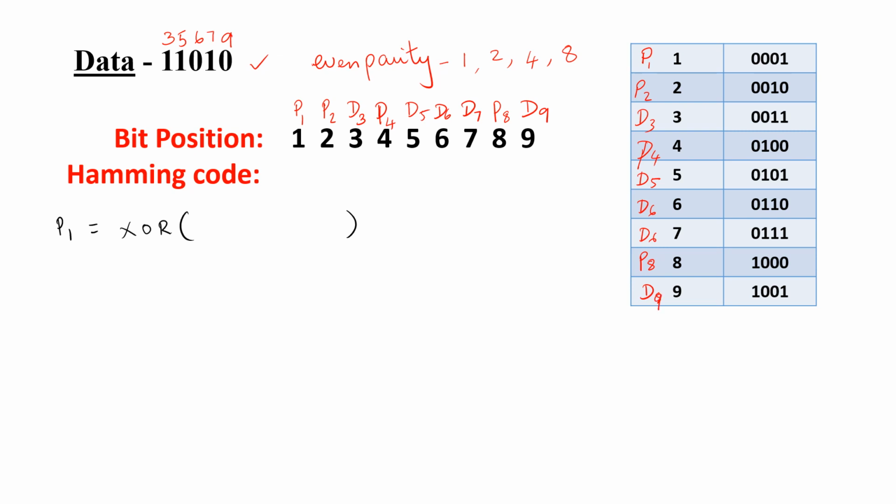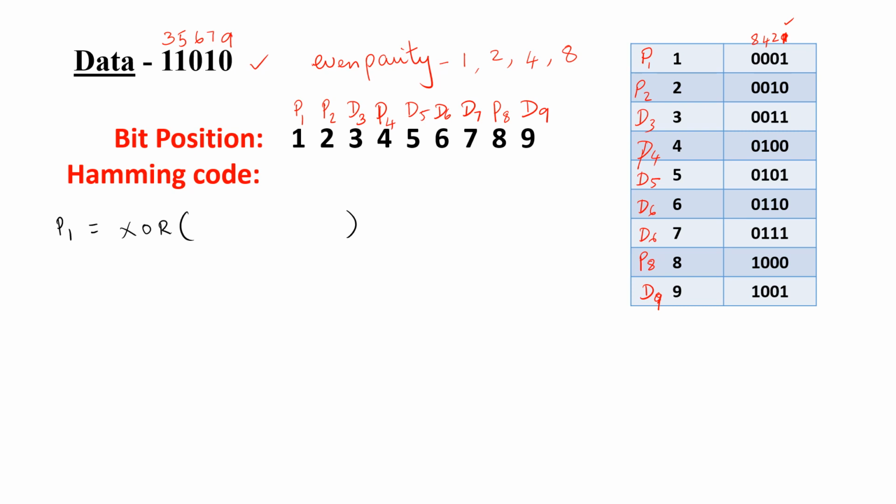Okay, next, we have to choose the data bits to find parity 1. The positional weights of this binary are 1, 2, 4 and 8. Now we are going to choose for parity 1.